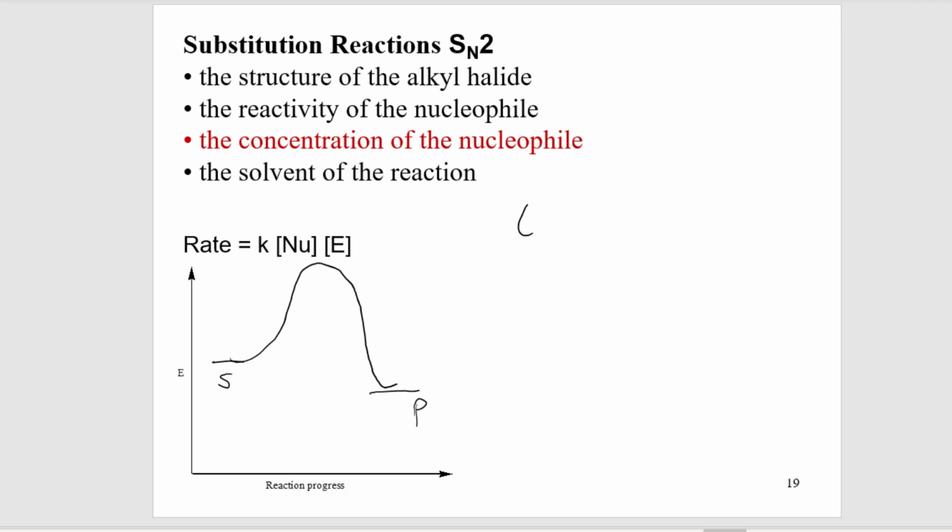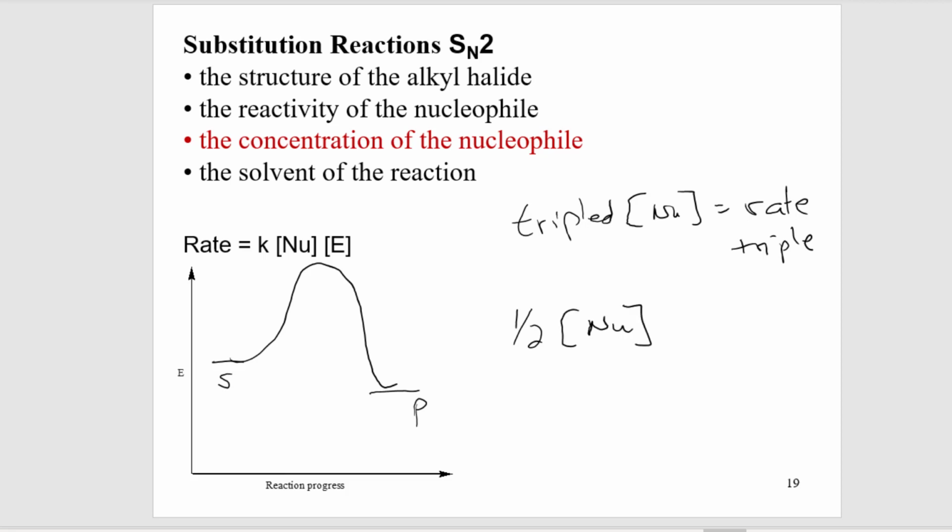So if I tripled the concentration of the nucleophile, the rate would triple. If I halved the concentration of the nucleophile, the rate would slow by half, right? So it's got a direct correlation.